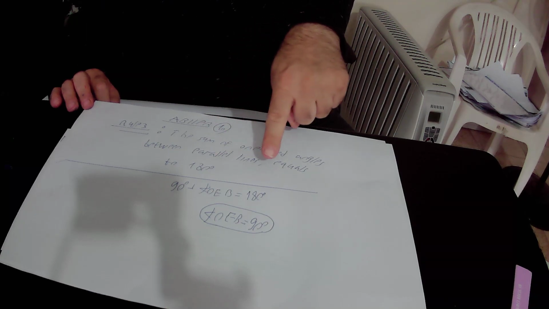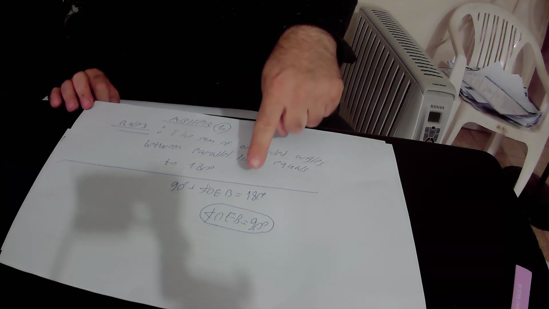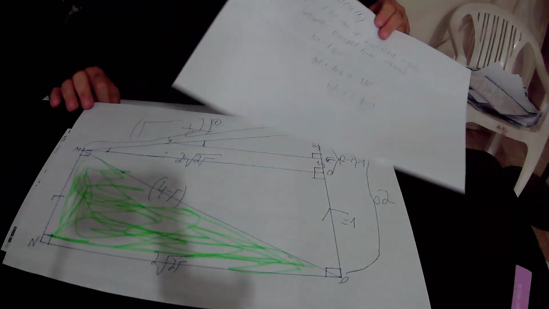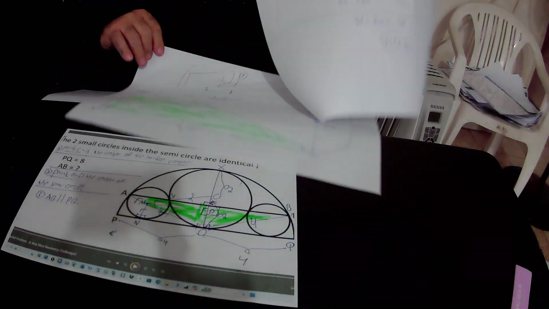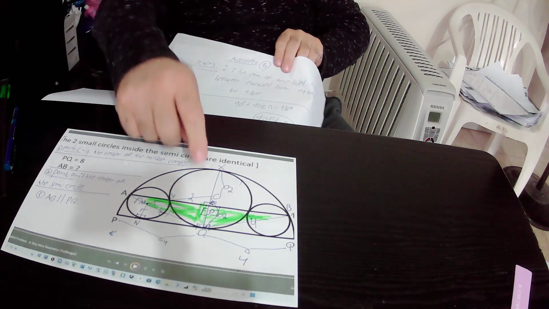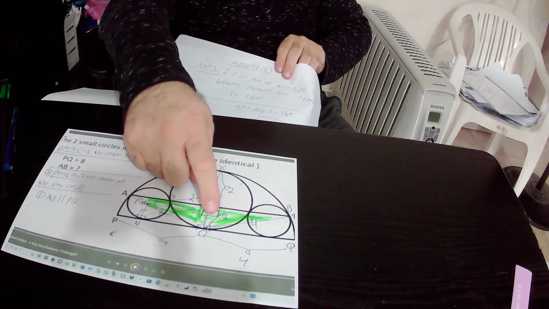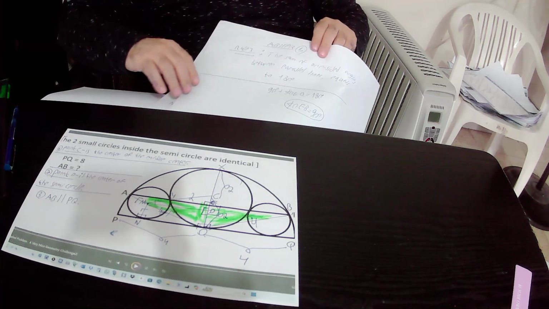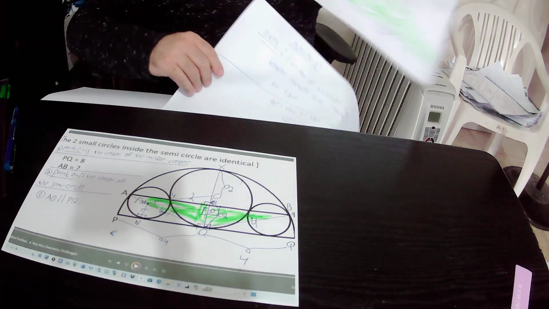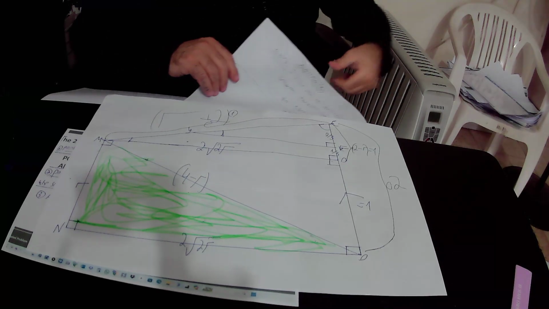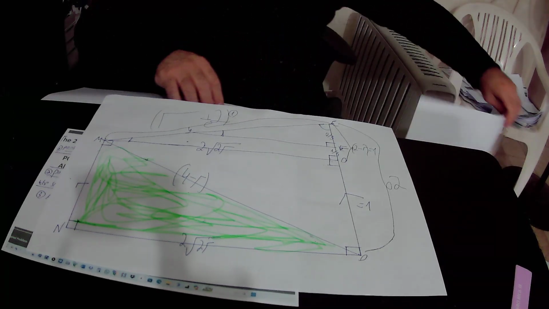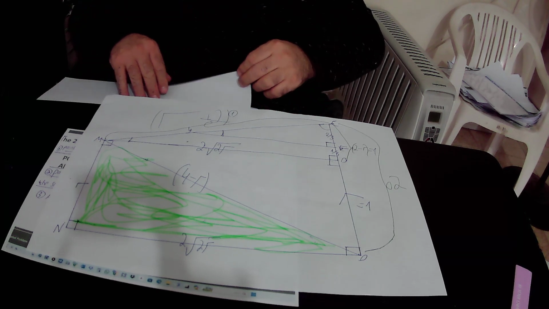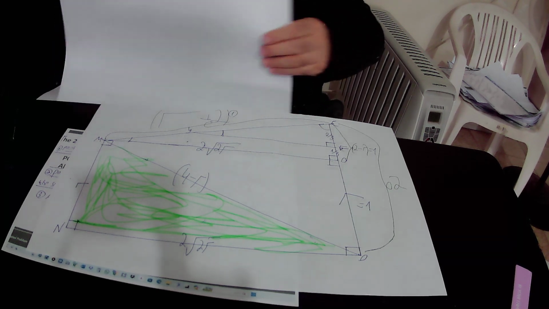We subtracted 90 degrees from this equality, and we got that the size of angle OEB is 90 degrees. So this angle is a right angle, and therefore triangle OEB is a right triangle. So I copied the right triangle again in a new page. So we have the right triangle OEB.